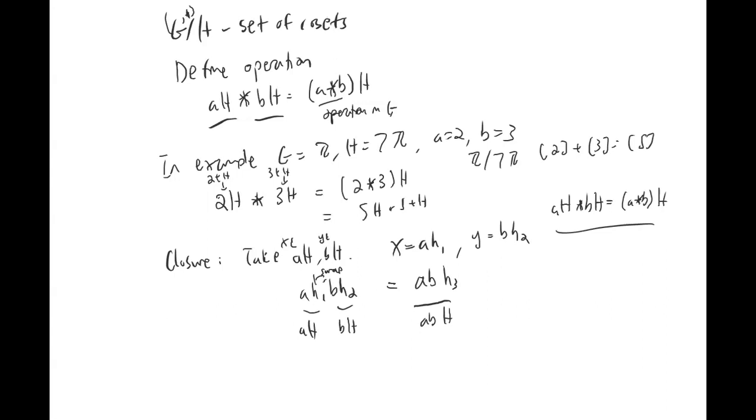Because even if instead of H1 I have another element in H, H1 times H2 is still in H. So the issue is you can't really swap. I want to be able to say something like this: HB is BH for all B in G. If I have this thing, I'm done. Instead of B, let's use G.